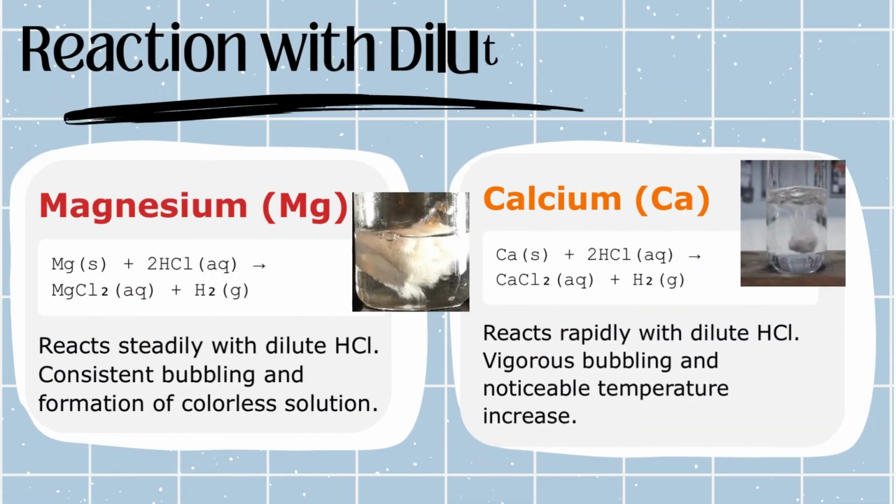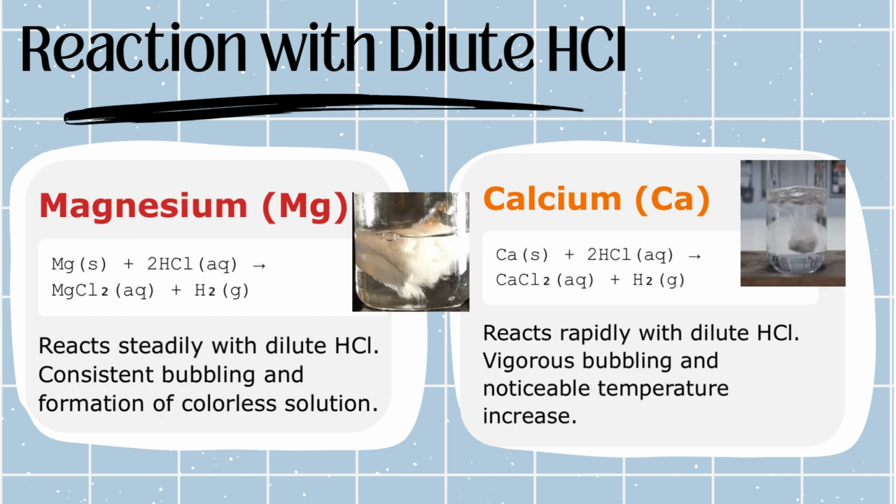So now let's proceed to the reaction with dilute hydrochloric acid. We have magnesium and calcium. Magnesium plus 2 hydrochloric acid will lead us to magnesium chloride plus hydrogen gas. As we observe in the image, magnesium reacts steadily with dilute hydrochloric acid, and there is a consistent bubbling and formation of colorless solution.